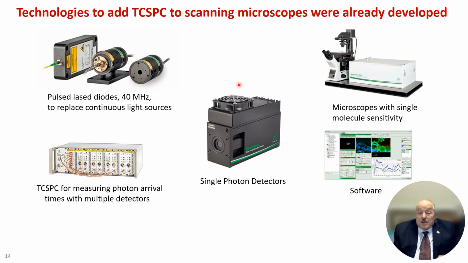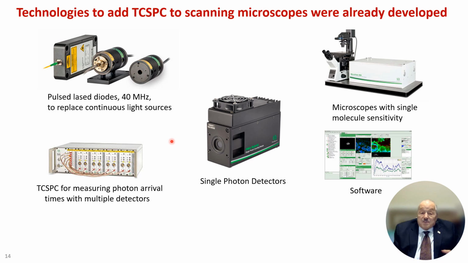Now here's the other things that were already available for lifetime imaging. Previously, we were working with large frame lasers. I mentioned earlier on in the course the difficulties with that and managing the pulse rates and everything.